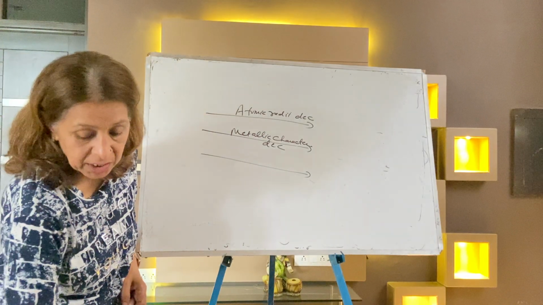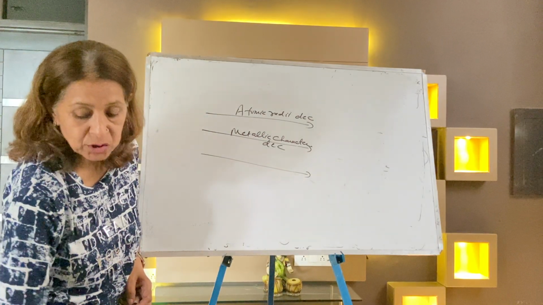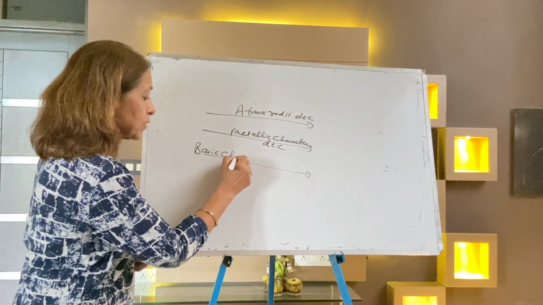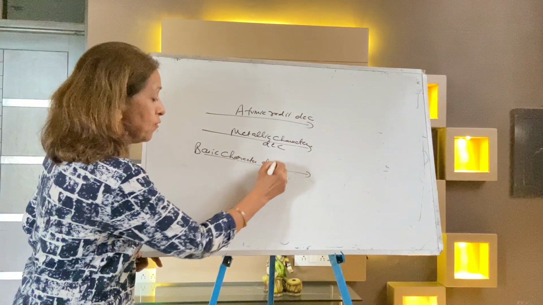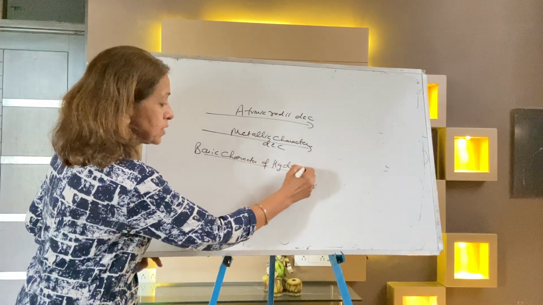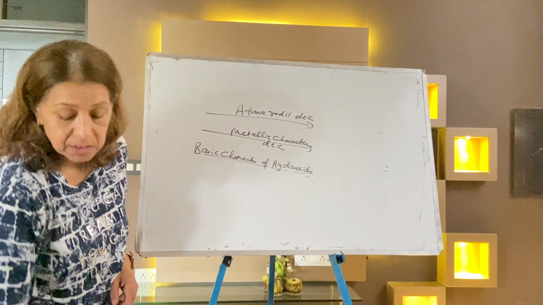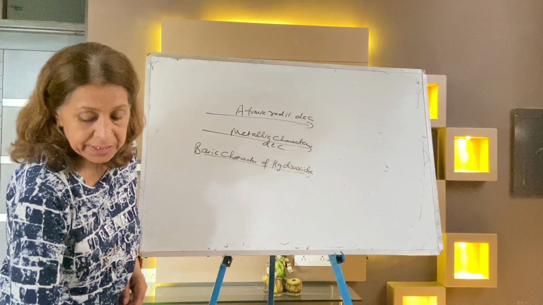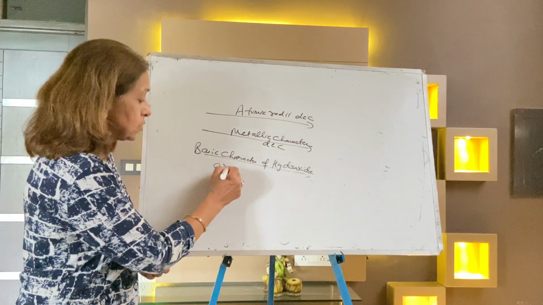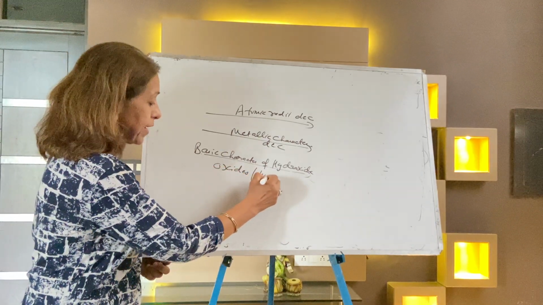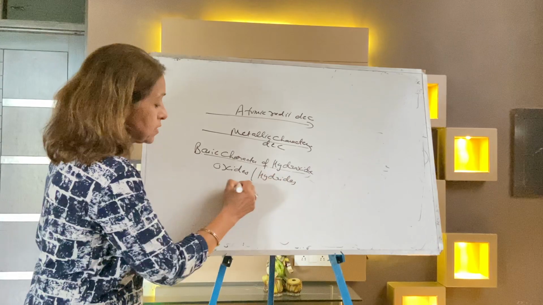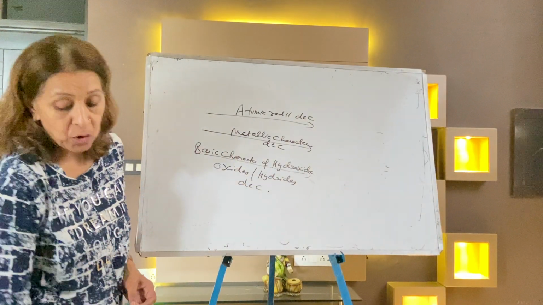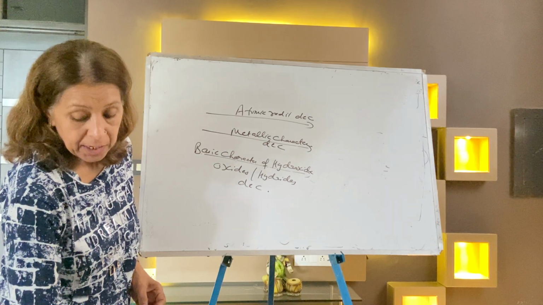The next property is the basic character of hydroxides and oxides. Write down hydroxides, oxides, hydrides. The basic character of hydroxides and oxides decreases in a period.